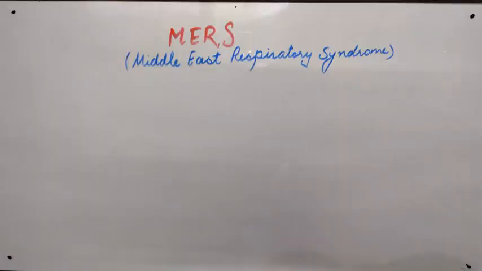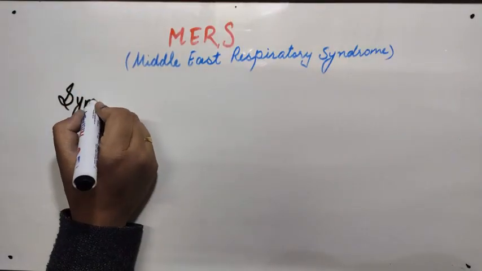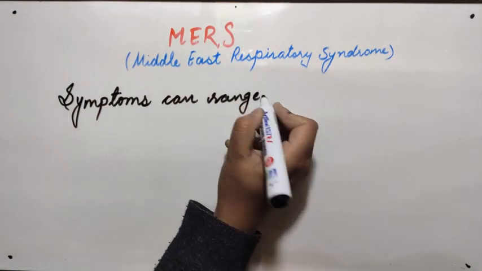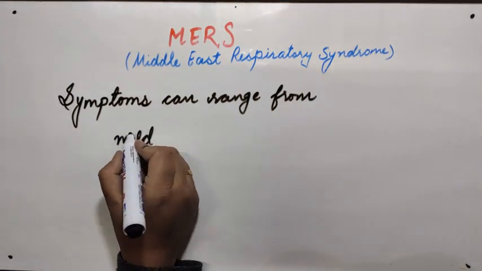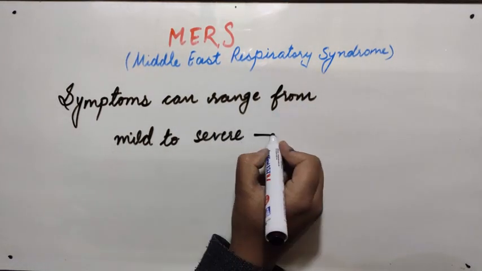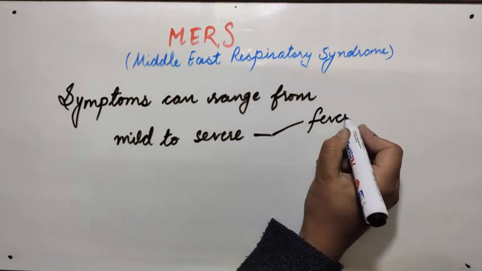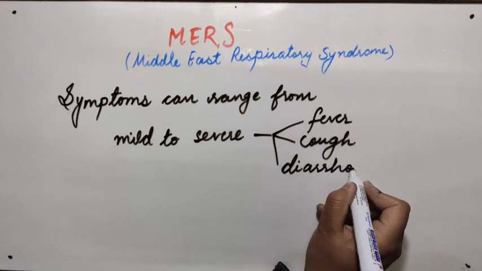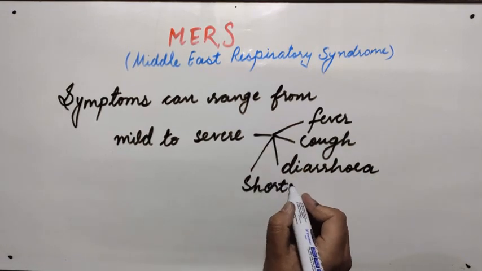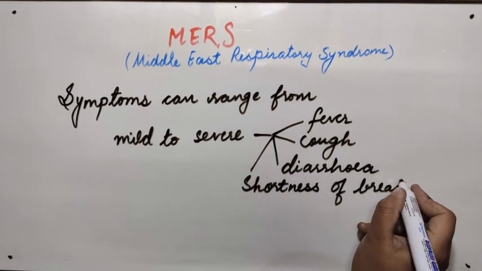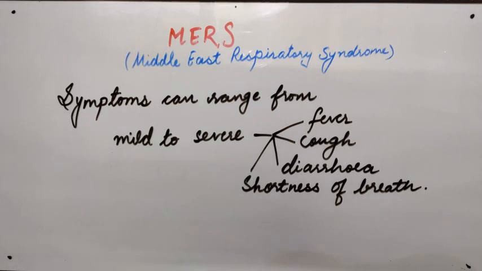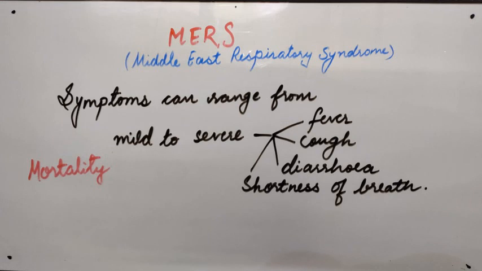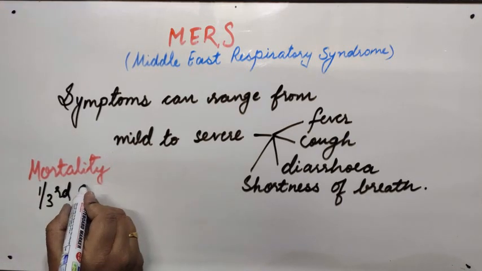Coming to the symptoms of MERS, the symptoms range from mild to the severe form, such as there can be fever, cough, diarrhea, shortness of breath, etc. Now, mortality of Middle East respiratory syndrome is 1/3 of the diagnosed cases.